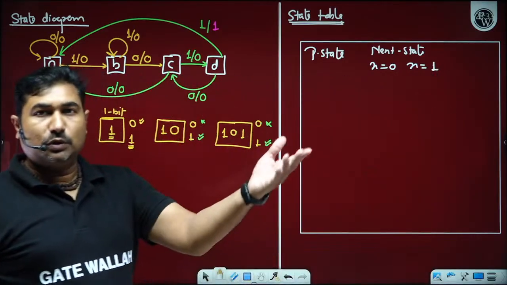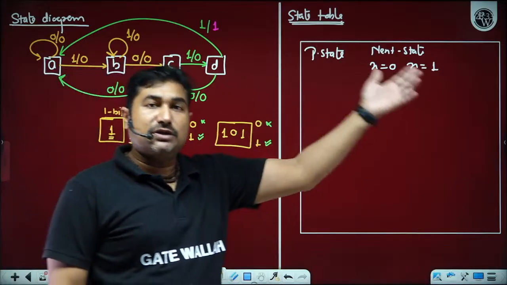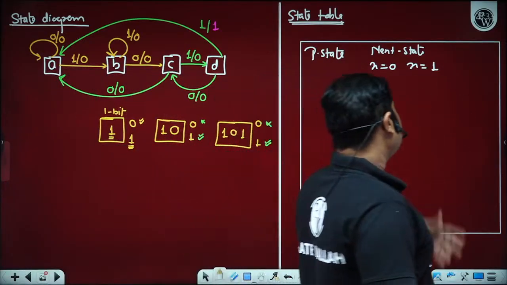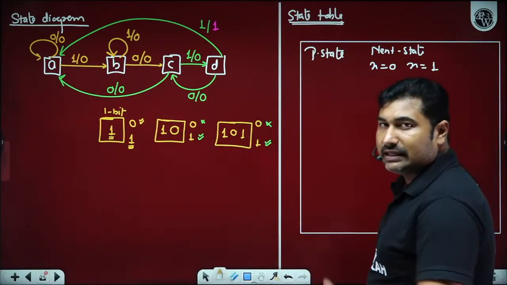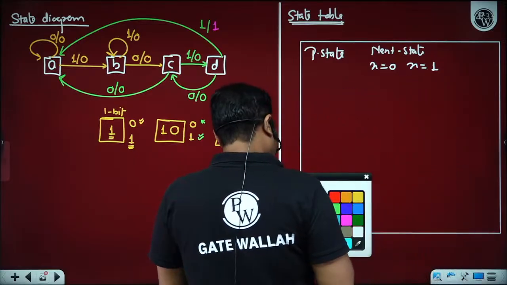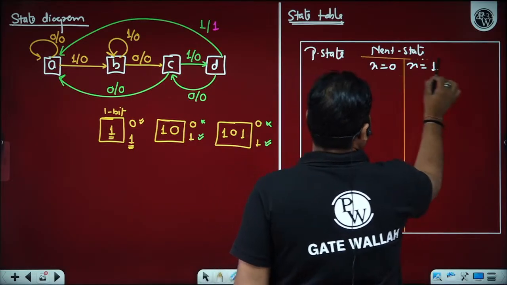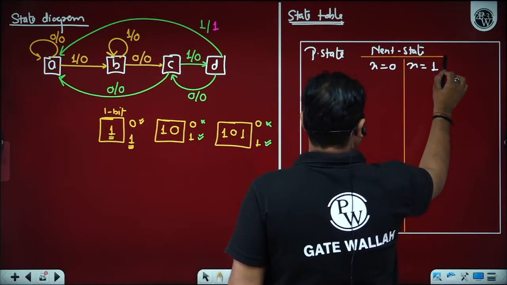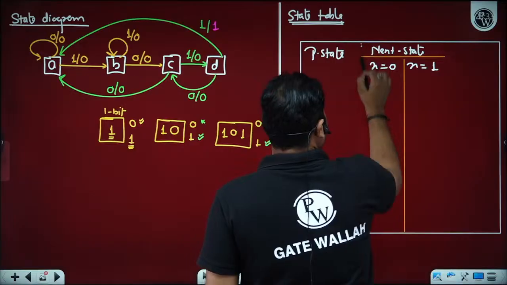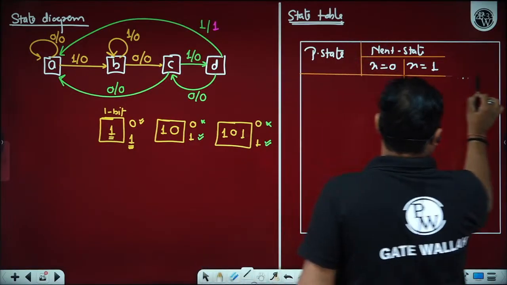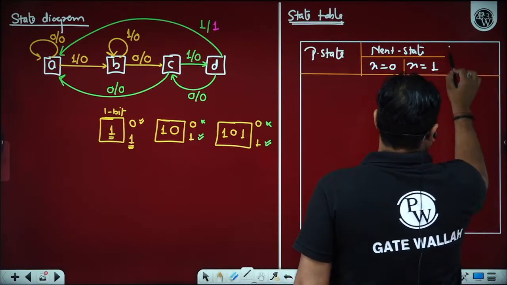In case of two inputs, we may have four possibilities: x y equals 0 0, 0 1, and so on. Presently we have only one input bit, so we have only x equals 0 or x equals 1. Is it okay?